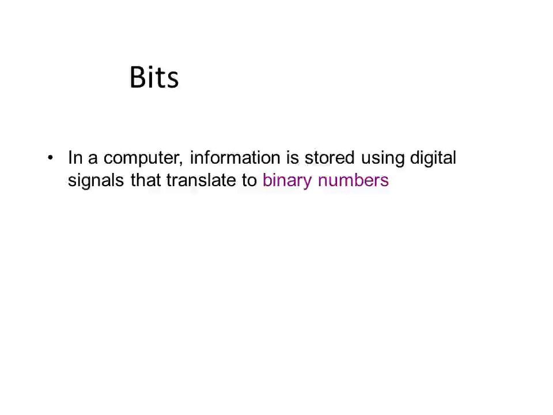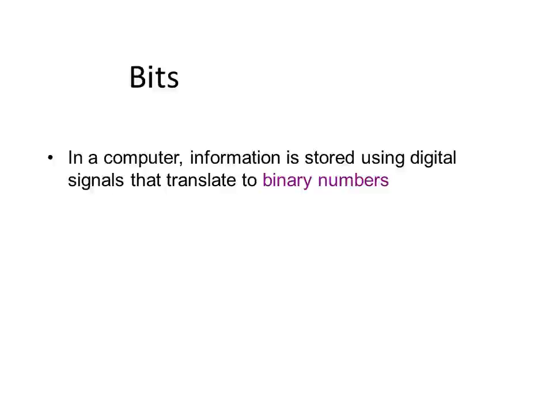Now bits. What is a bit? In the last few slides we discussed the decimal number system, which consists of 10 different symbols. When we come to computers, it is all about binary arithmetic, that means it only considers 2 symbols, 0 and 1, that is binary numbers.